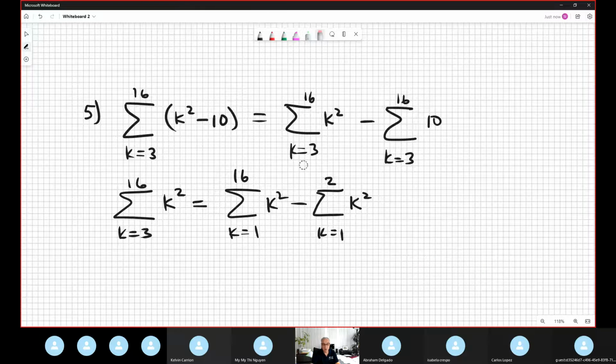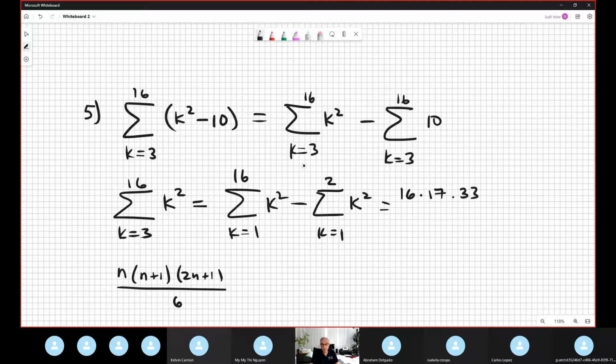Okay, now ready. The formula is a little bit complicated when it's k squared. The formula is n times n plus 1 times 2n plus 1, over 6. Who is n? Well, n is the upper limit, 16. Actually, it's 16 multiplied by 17 because it's 16 plus 1, and 2 times 16 is 32, plus 1 is 33, divided by 6.